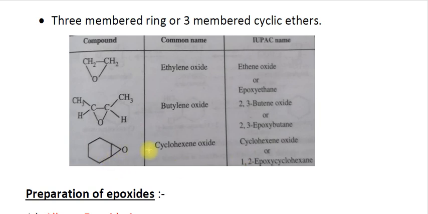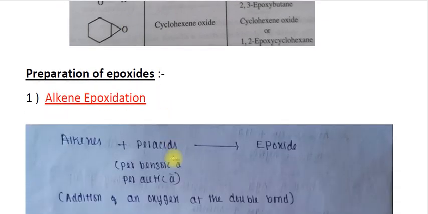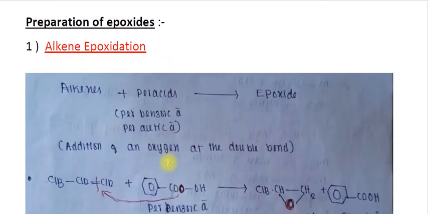And this is cyclohexene oxide, or 1,2-epoxy cyclohexane. Next we are entering into the preparation of epoxide.